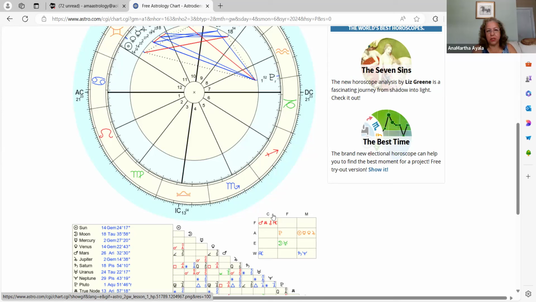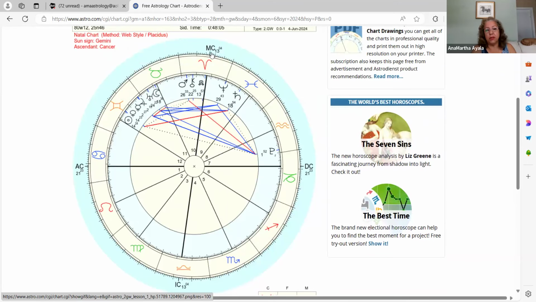People that have a lot of planets in the cardinal signs are very energetic. They're initiators. It starts the seasons, right? The cardinal signs are Aries, Cancer, Libra, and Capricorn.